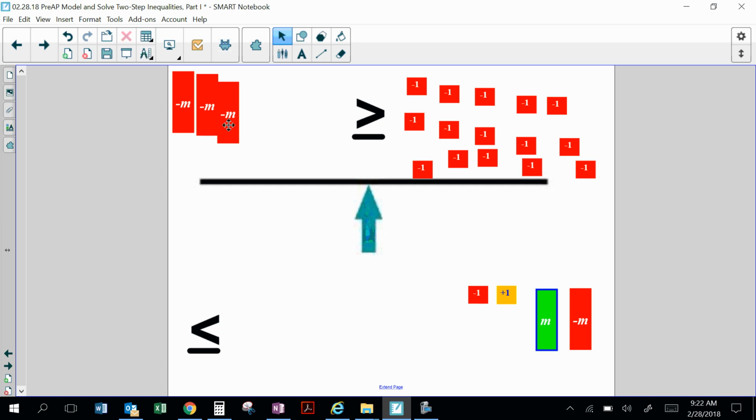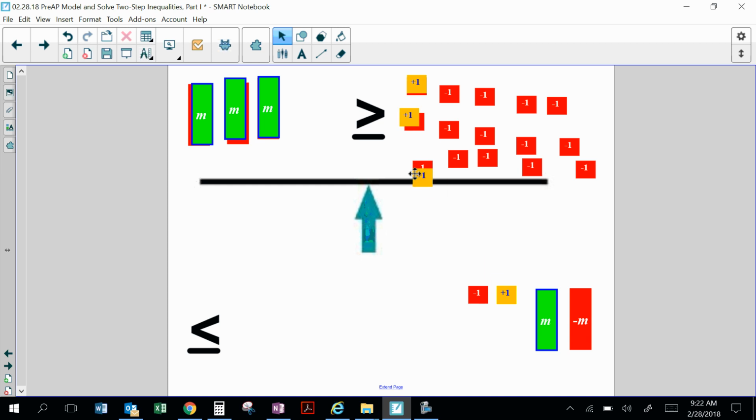So am I solving for m's or negative m's? I'm solving for m. I want to know what m's going to be. So this negative m means you need to do the opposite of it. So you need to flip everything around. So you need to turn the negative 3m to positive 3m. You need to turn the negative 15 into positive 15.